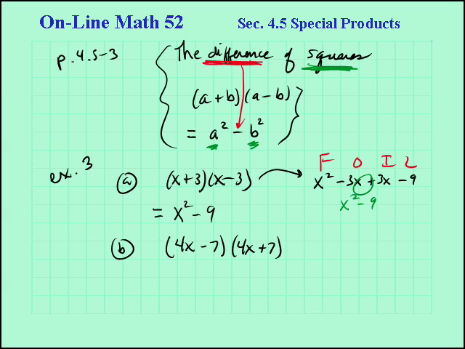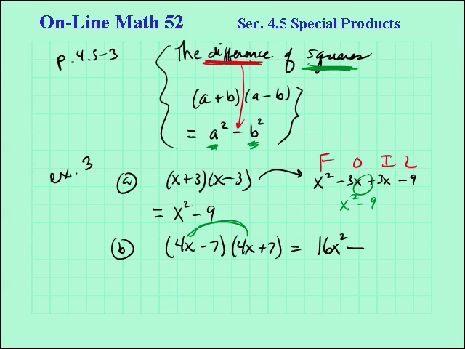Now, if we understand this, then what we understand is that we'll have one term minus another, and those two terms will be found from, first of all, multiplying the 4x times the 4x, or squaring the 4x. Well, 4x times 4x is 16x squared.